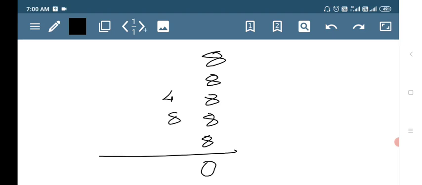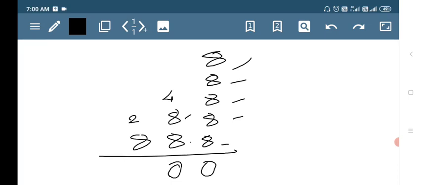So I will be using the other 2 8s here. 1 2 3 4 5 6 7, 7 8s have been used. So these 2 8s: 8 plus 8 16, 16 plus 4 20, 0 carry 2. So the 8th 8, the carry 2 plus 8 is equal to 10.